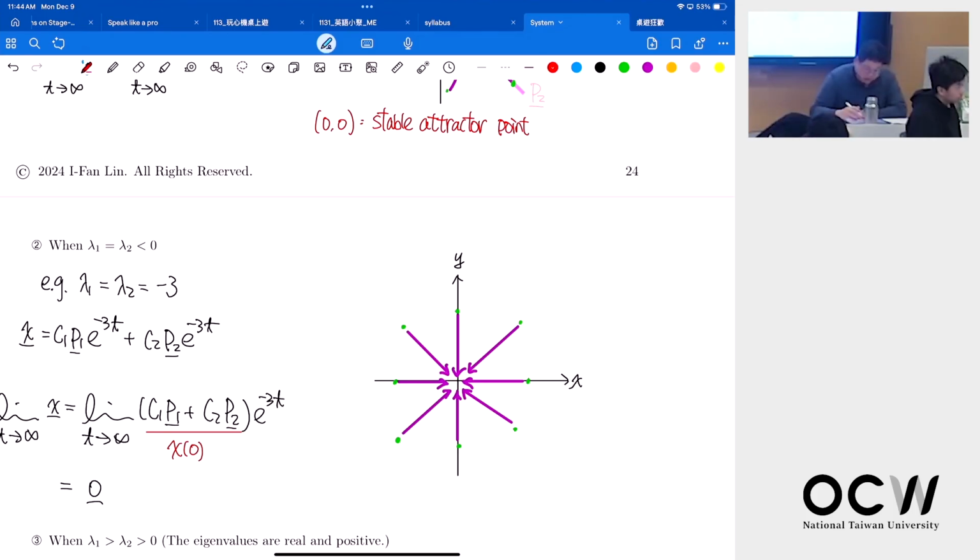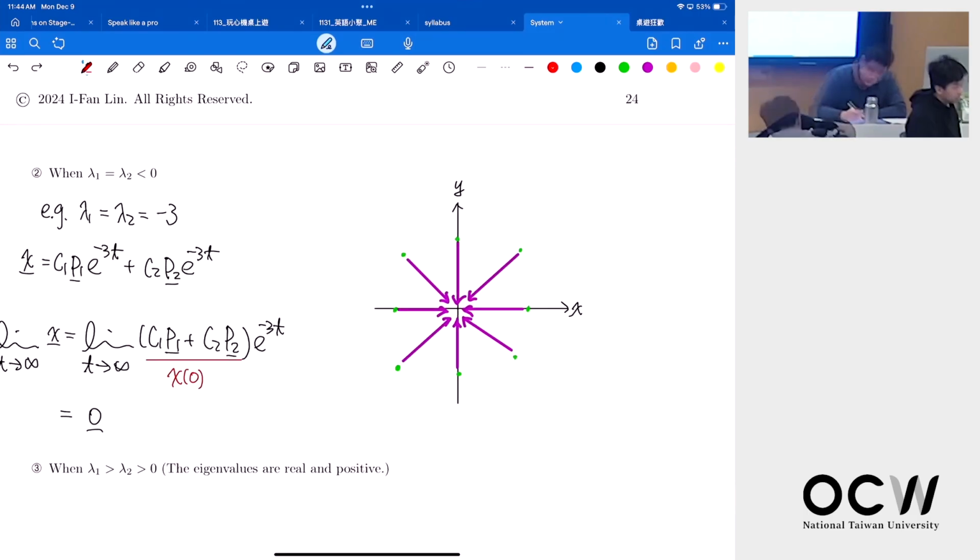And this is also a stable point. So 0, 0 is a stable attractor point.